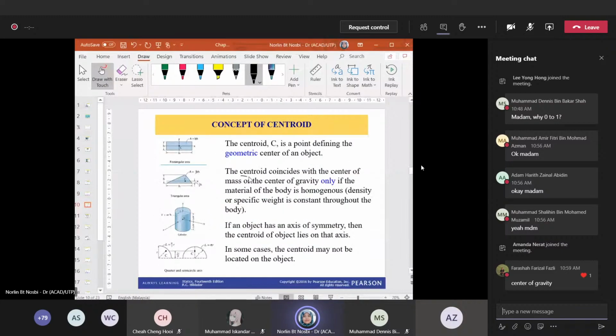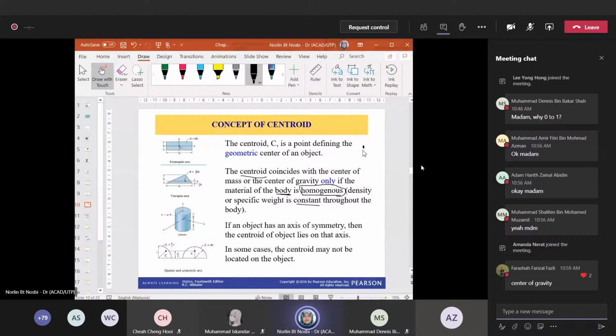If the body is homogeneous, the centroid and the center of gravity must be constant. They must be at the same point if the body has the same density, same weight, so the point must be the same.